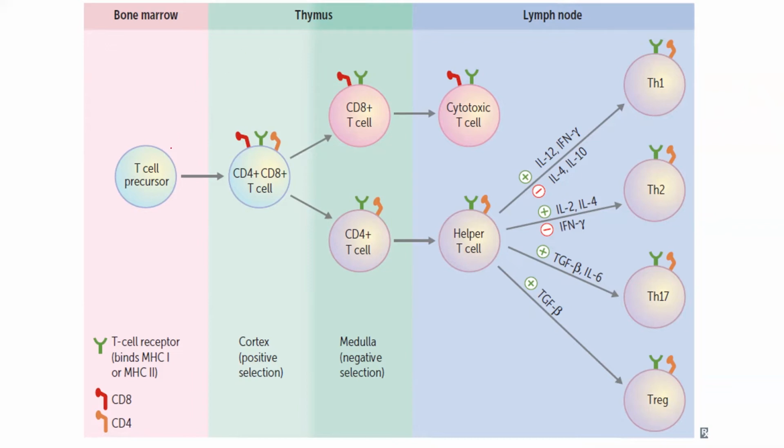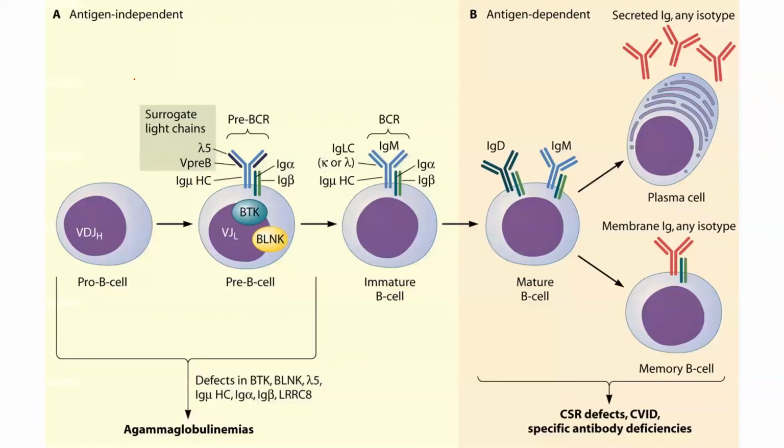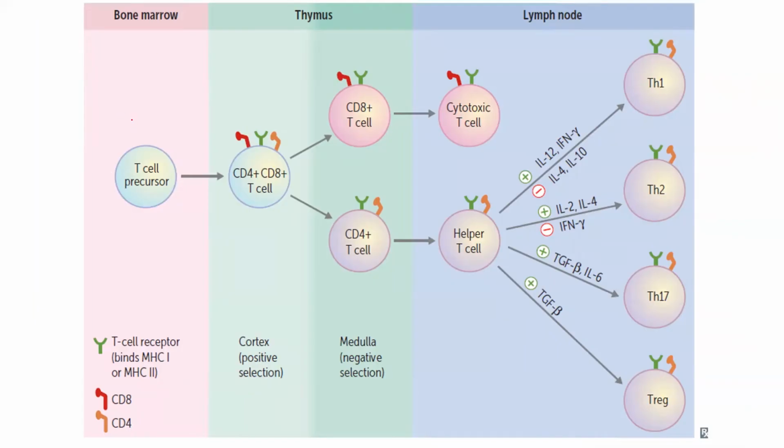So we'll talk about those maybe at the end of today or at the end of session 4 this weekend. But let's talk about development of the T cells and the T cell receptors, because this is where you're going to get a bunch of questions, especially when we get to B cells. So T cells start off in the bone marrow, right? And in the bone marrow, they have nothing on them, pretty much naked. It isn't until they go into the thymus, which is right here, that they upregulate all the receptors.